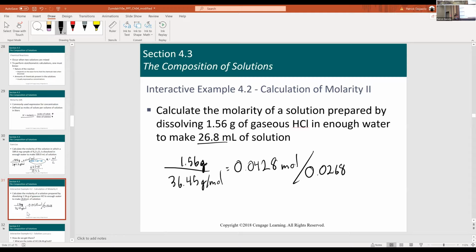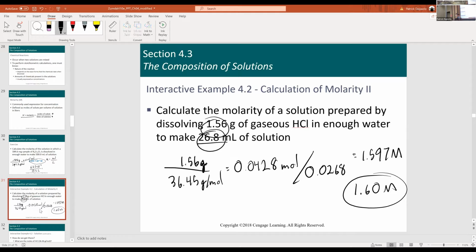And we get 1.597 molarity, but with sig figs, 3 sig figs, 1.60 molar. So the way we say it is, it's a 1.6 molar solution. That's like the terminology.